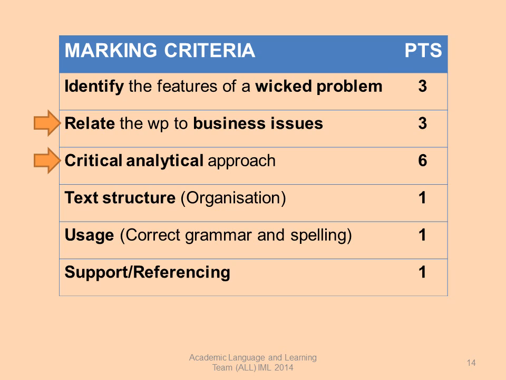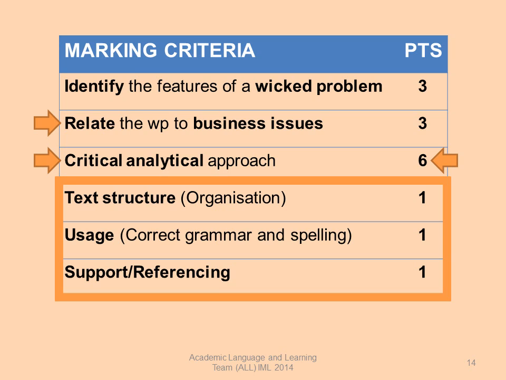You're also able to link it together, so it's worth 6 marks. The 3 other marks are to do with organisation and grammar and spelling, and also referencing. And all of these things will, in the end, help you answer this question.